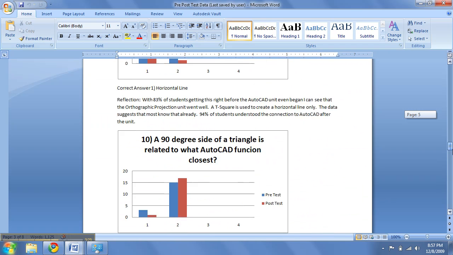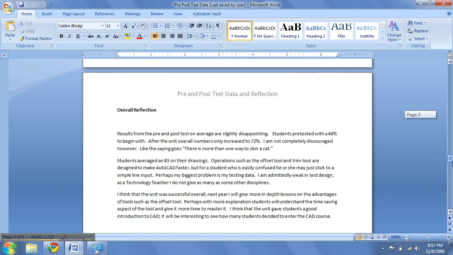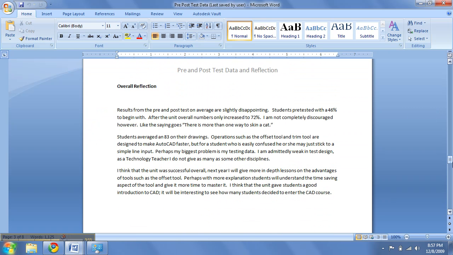Ultimately, I went through and decided that originally students pre-tested with 46, and ultimately they only increased to 72. I think that this goes a lot with the fact that in AutoCAD there are many different ways to do one special thing.